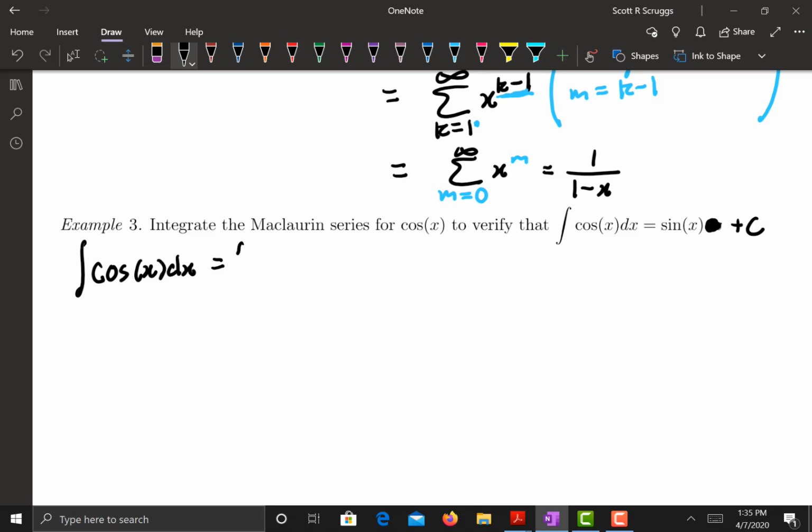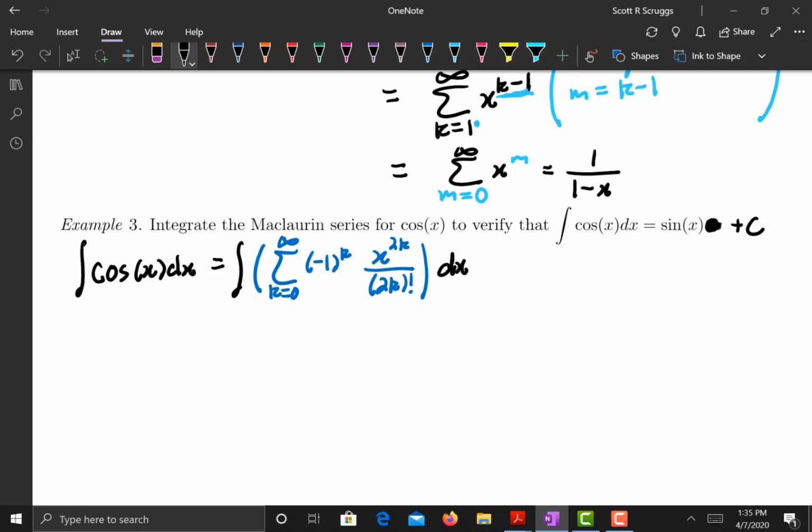And recall from the last section that that is defined as the sum from k equals 0 to infinity of negative 1 to the kth power, x to the 2k power over 2k factorial, and then you have a dx at the end for the variable.